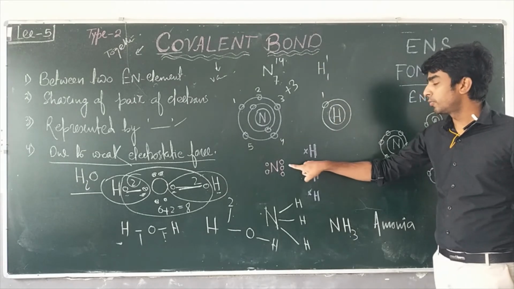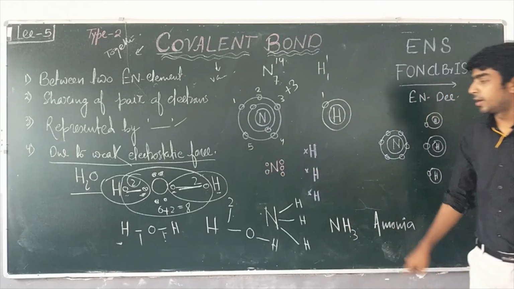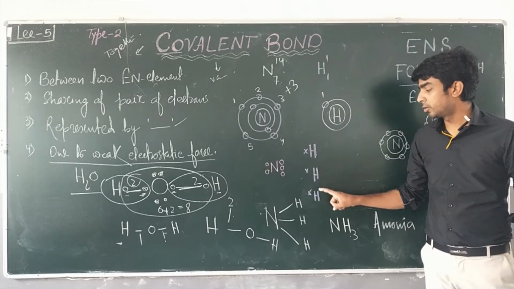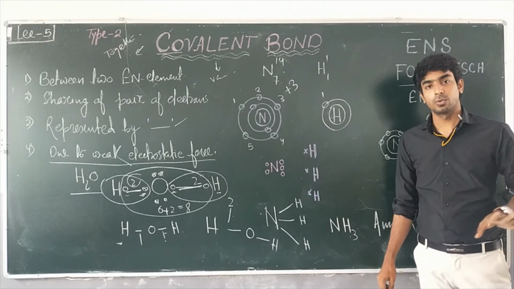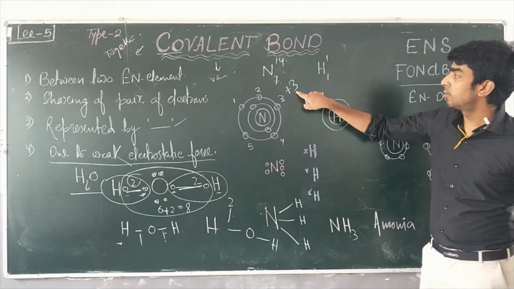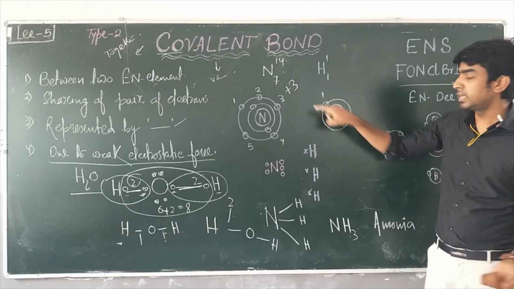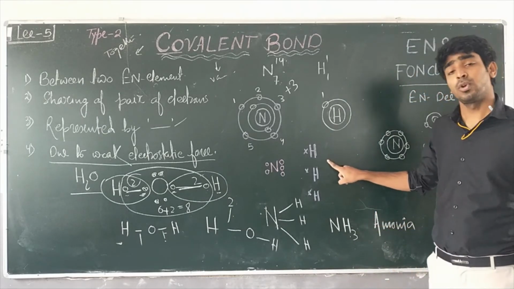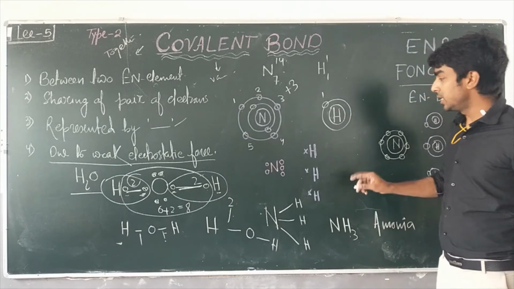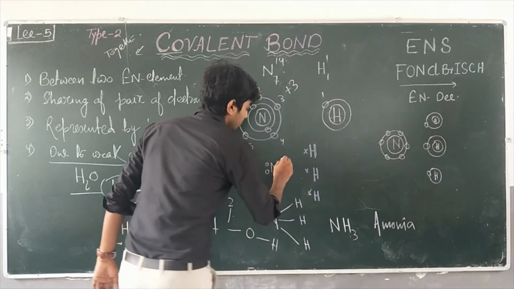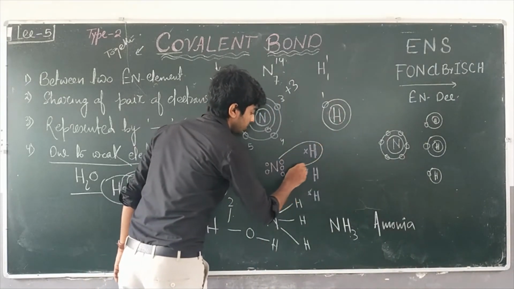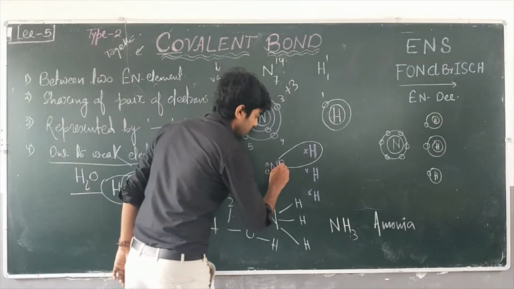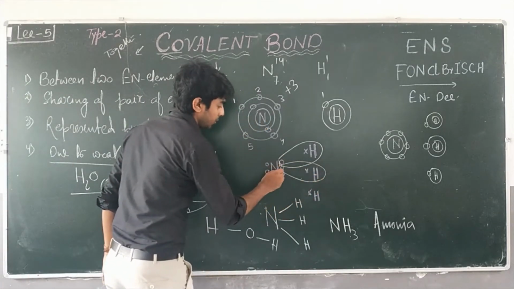Okay. So what will happen? Here you can see nitrogen has 5 electrons in the last shell, and each hydrogen has 1 electron. Now nitrogen needs 3 more electrons, and each hydrogen has 1 electron in the last shell, but hydrogen also needs 1 electron. So each hydrogen took a nitrogen electron. This hydrogen took a nitrogen electron.